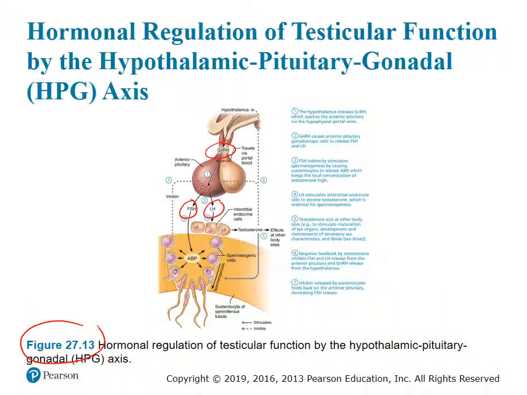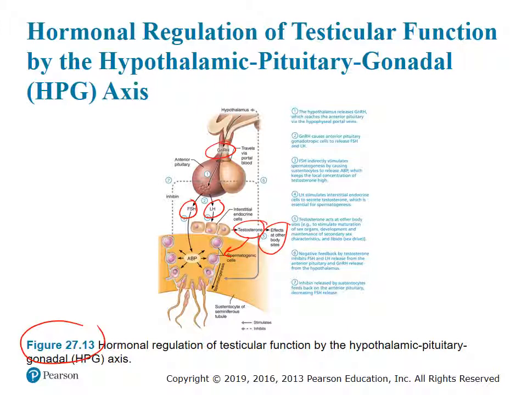Luteinizing hormone stimulates the endocrine cells to secrete more testosterone, and then this causes more spermatogenesis. And again, testosterone affects other places of the body, like libido, sex drive, and things like that.